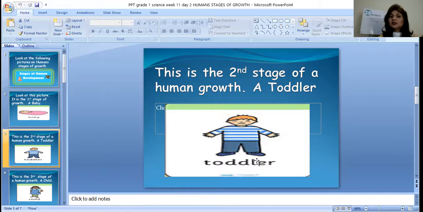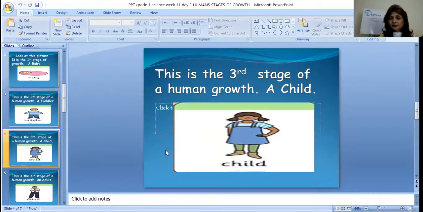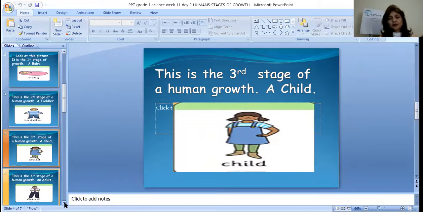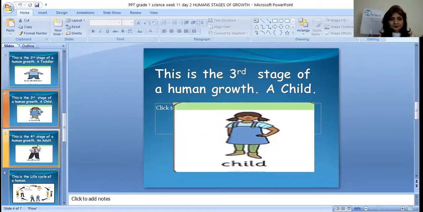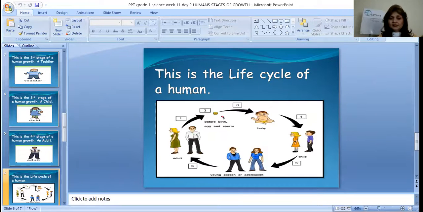Then the third stage of human growth is a child. A toddler becomes a child, a preschooler. It goes to school and all that. Then the fourth stage, the child becomes a teenager first and then an adult, right? This is the fourth stage.